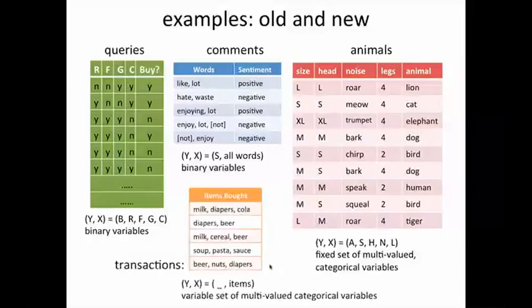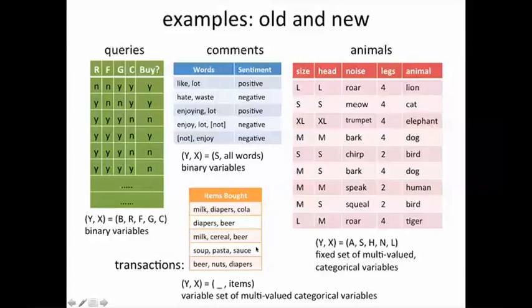And lastly, we consider another example where we have customers going to supermarkets and buying bunches of products together in transactions. A transaction might consist of milk, diapers, and some cola. Another one might consist of some diapers and beer. Yet more transactions will have different products.